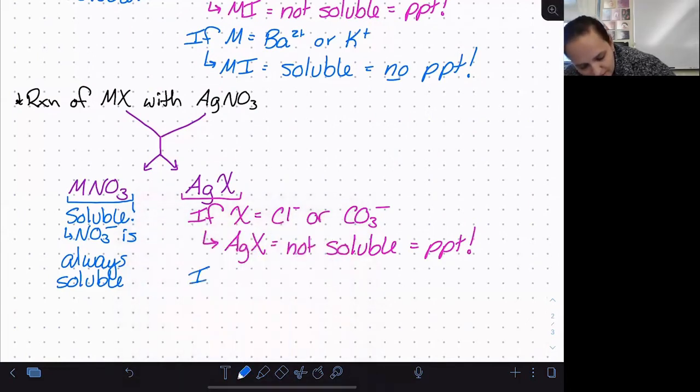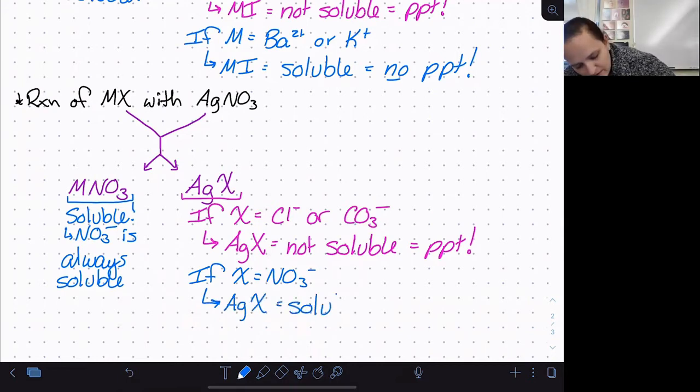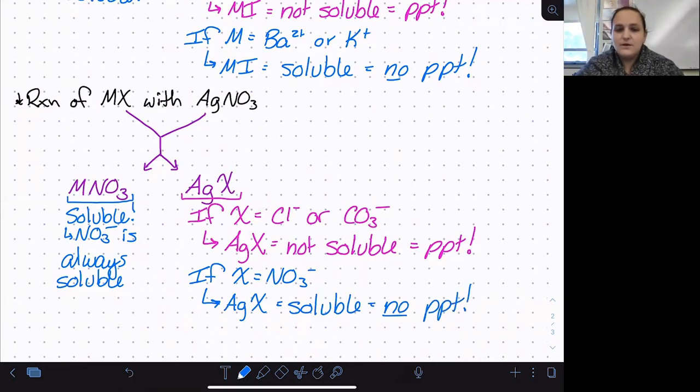But if our unknown anion is nitrate, then this would be soluble, so nothing would really happen. We would expect to see no precipitate or no reaction. So this reaction helps us separate nitrate from the other two. So now we just need a way to distinguish between these two things.